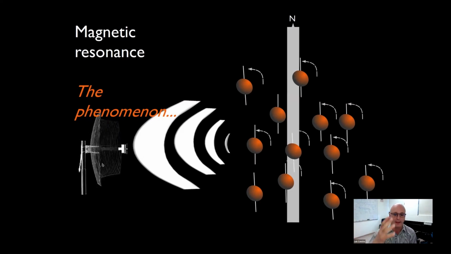They will emit this signal back again in the range of FM, and we can collect that with our antenna, with our coil, and get all this signal back. Now, we provided some radio frequency, and we're getting radio frequency back. So the interesting bit is whatever happened to this signal while we threw it into the tissue and it returned slightly modified. These modifications tell us about the nature of the tissue. That's what we care about.